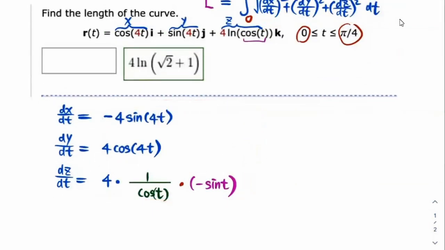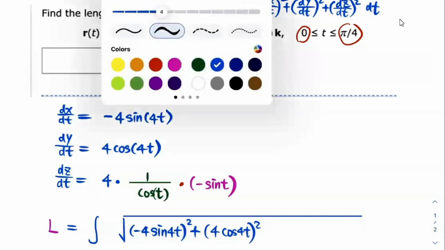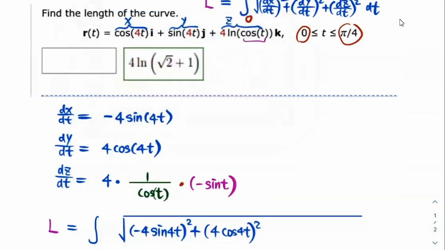Okay, now let's do that. We have the arc length is equal to the integral. Then the last one, we could simplify this a little bit. Do you remember sine over cosine is what trig function? Was it tangent? Yes, that's tangent. So sine over cosine is tangent.